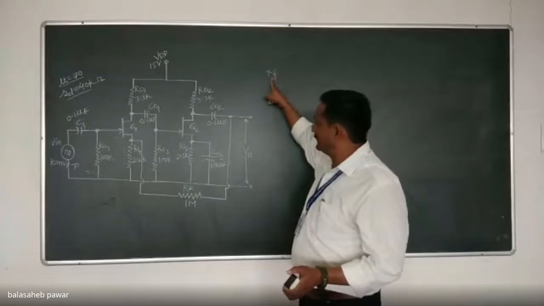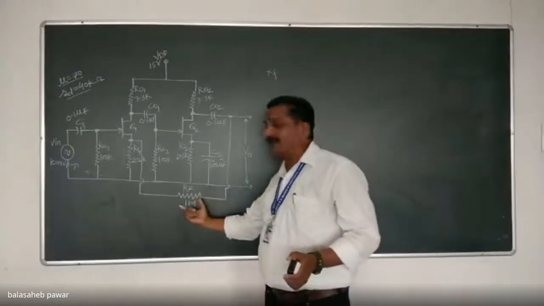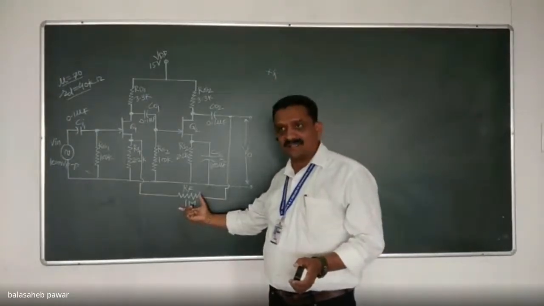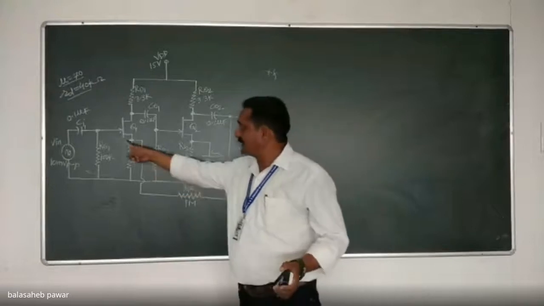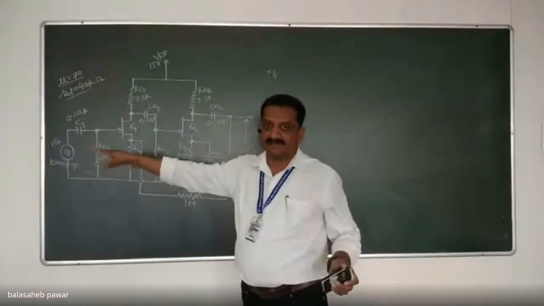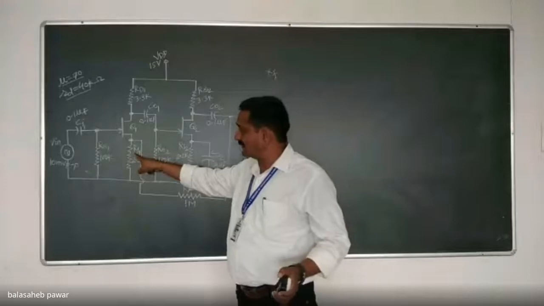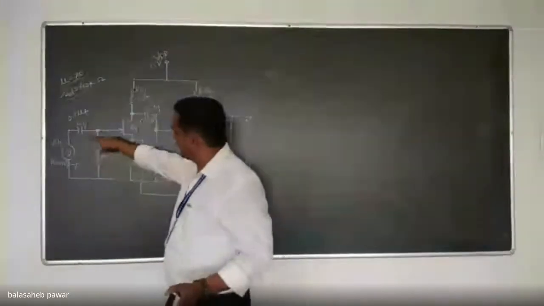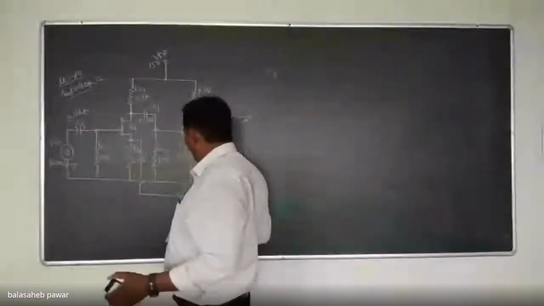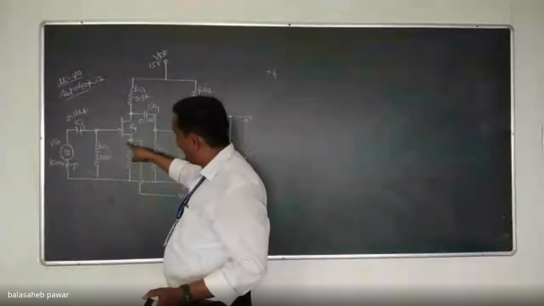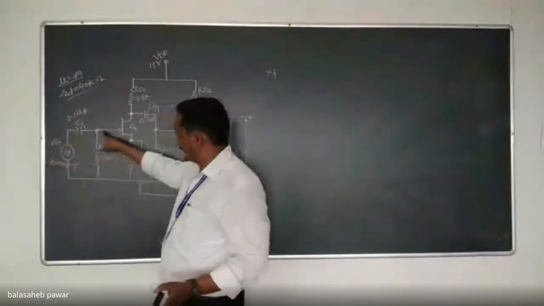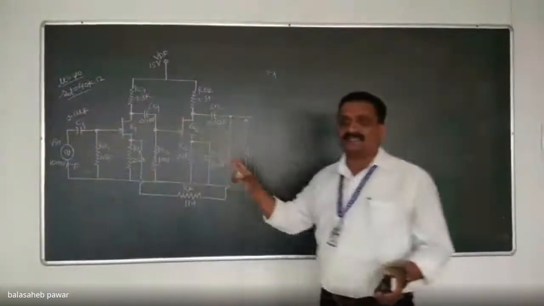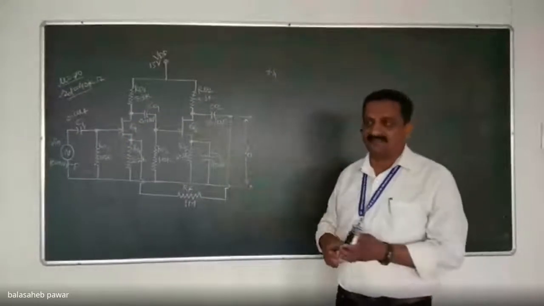Where will be the XF? XF will be the drop across this RF, and the same drop we are connecting at the input side in series with this RS1. That means if you apply the KVL, that feedback resistor drop will get added in series with this input signal, and that's why such type of mixing is known as series type of mixing.